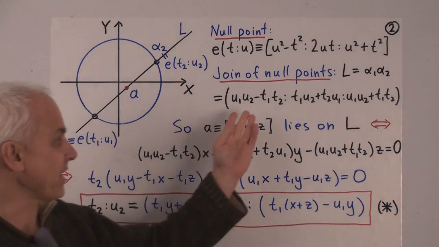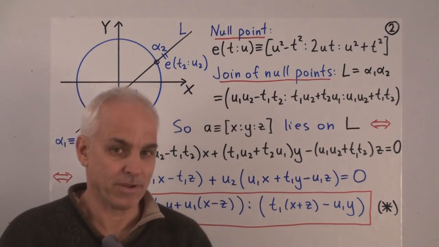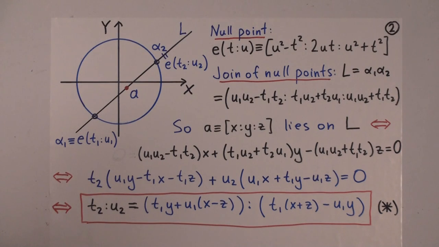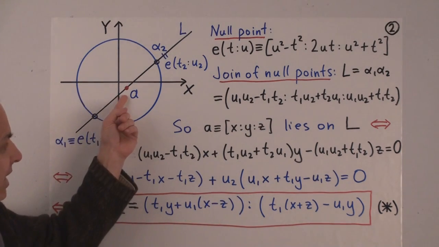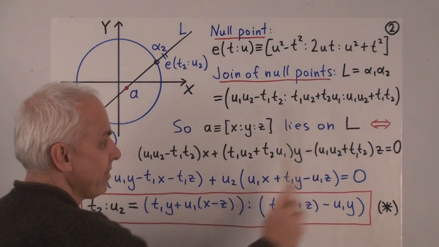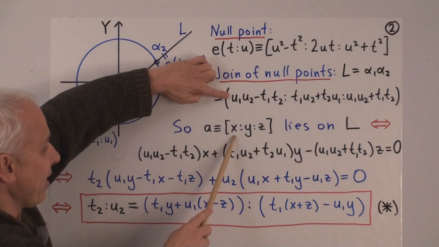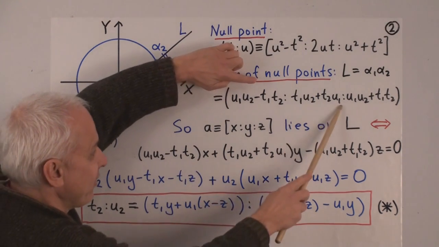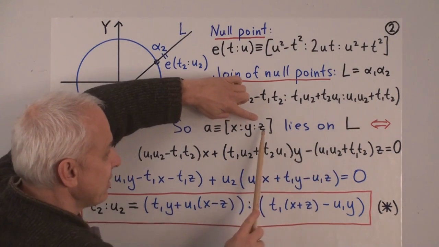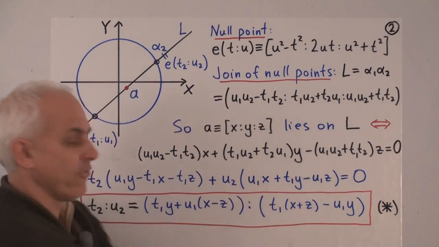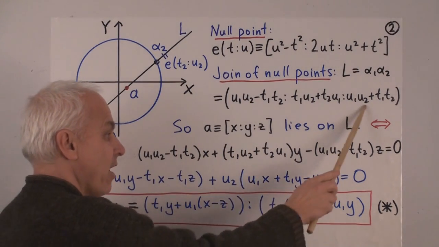I remind you that's the red bilinear form, the green bilinear form, the blue bilinear form. Okay, so the information that the point A lies on this line is that this times x plus this times y minus this times z equals 0. That's our condition for this point to lie on that line.